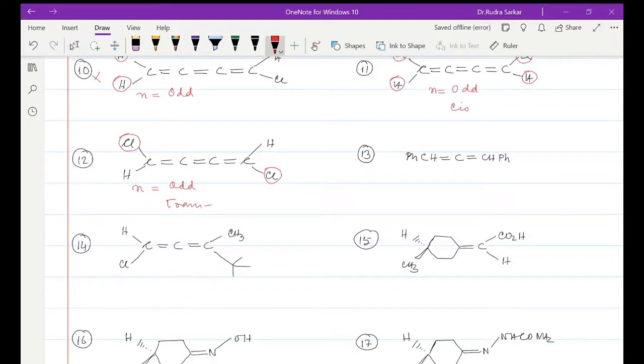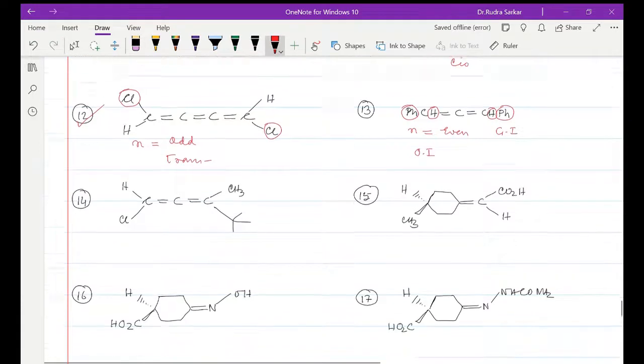In molecule number 13, this is again an allene in which the n is even, so GI should not be possible over here, but since there is a phenyl and there is a hydrogen, there is a hydrogen and there is a phenyl, so optical isomerism is possible over here. So for this one and this one, GI is possible.